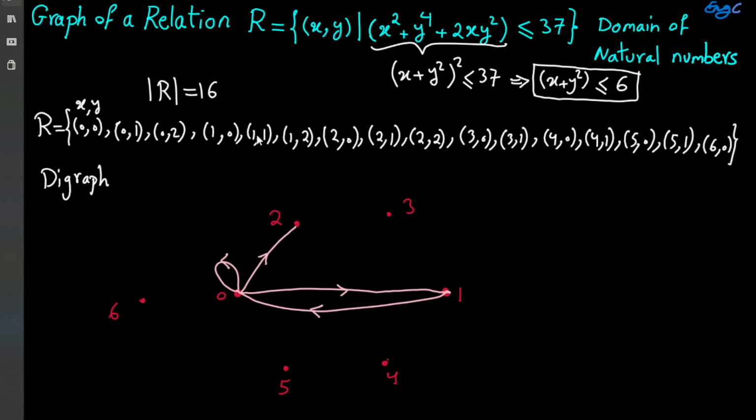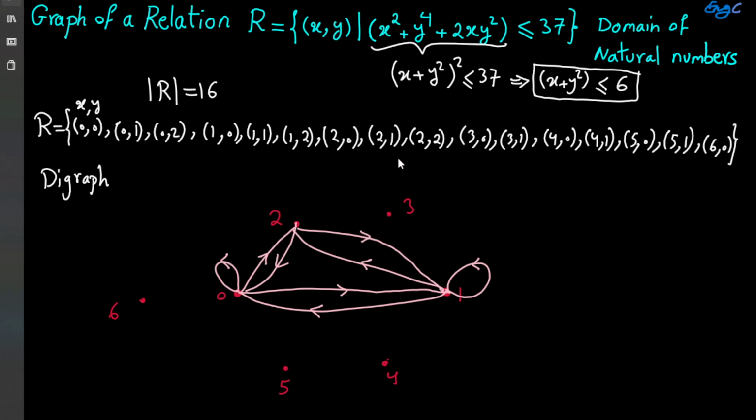Then 1, 1, which means a self loop on 1. Then 1, 2, so we have this connection. And 2, 0, so we have a two-way connection here. 2, 1, there is a two-way connection here as well.